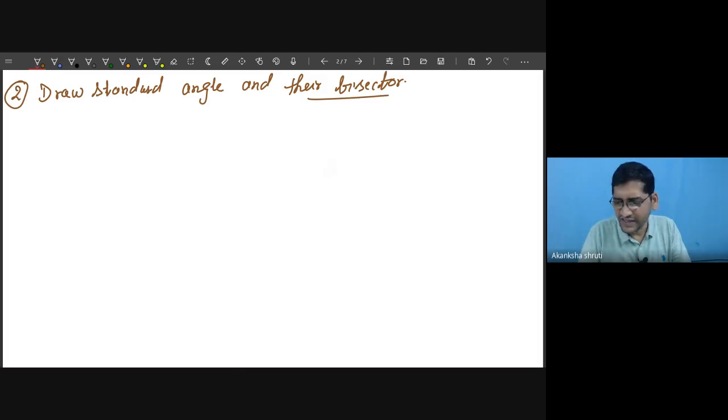So the two things are there. One is drawing the bisector of a given angle. Another one is drawing the standard angle with the help of compass. Students, let me first explain.